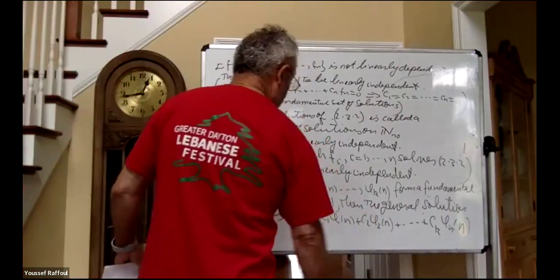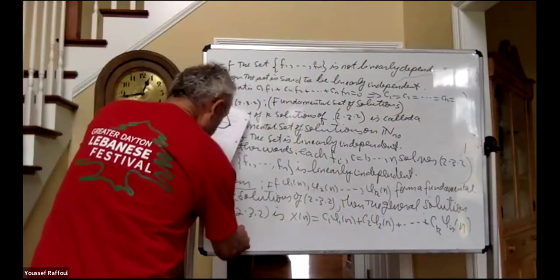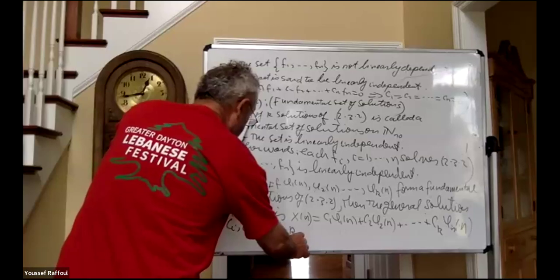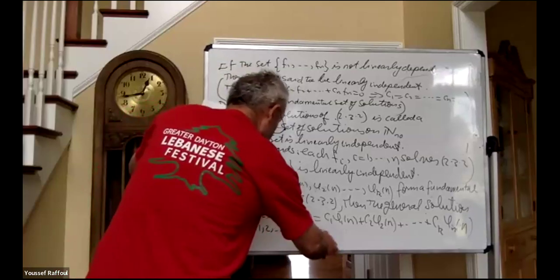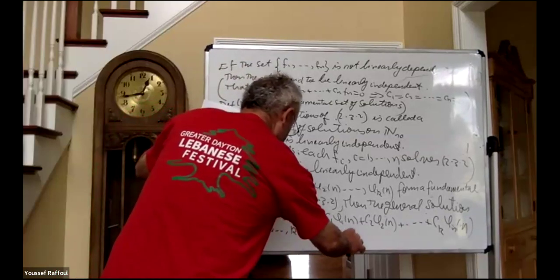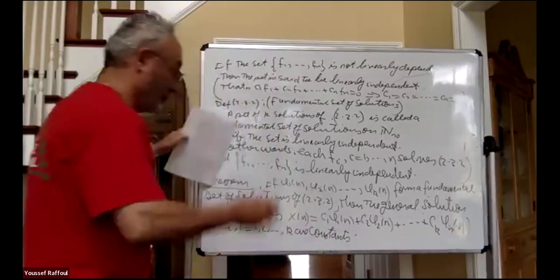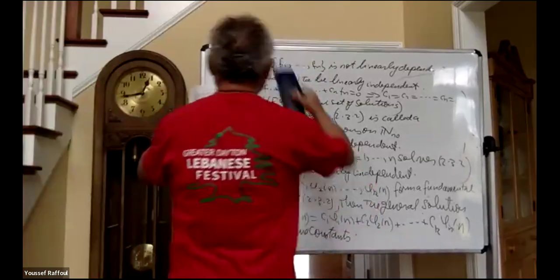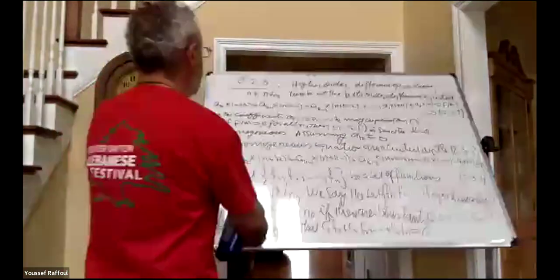And the c_i are constant. So here, the c_i, i equal 1, 2, all the way to k are constant. Okay? Here's an example.